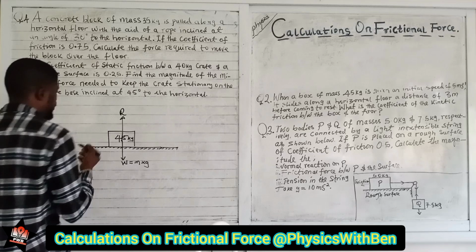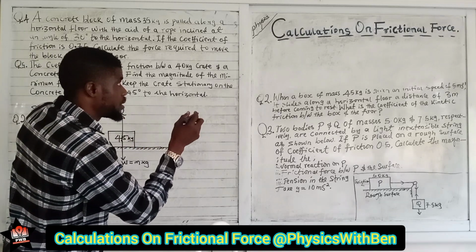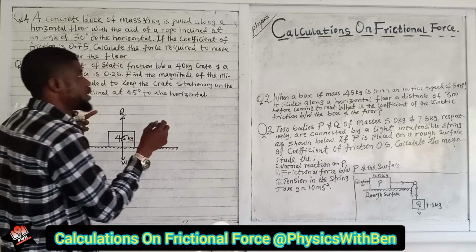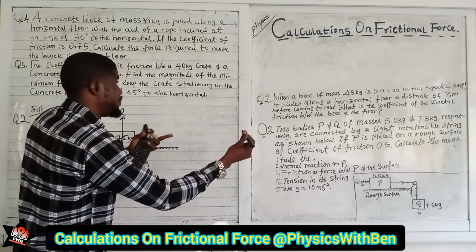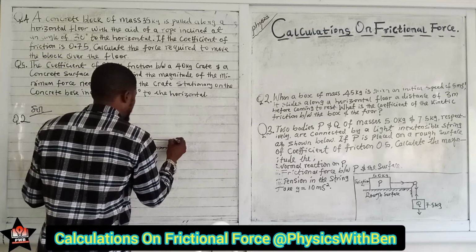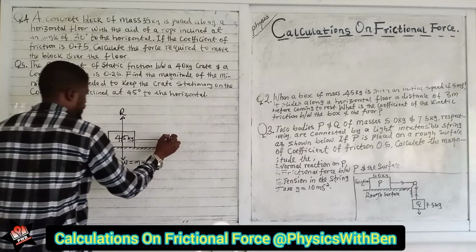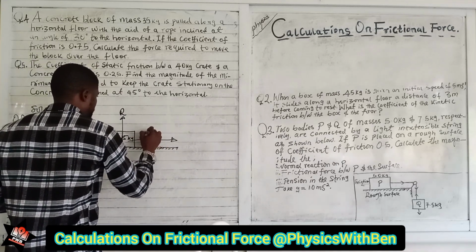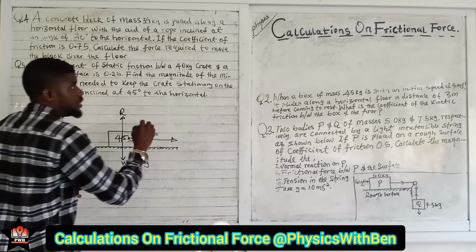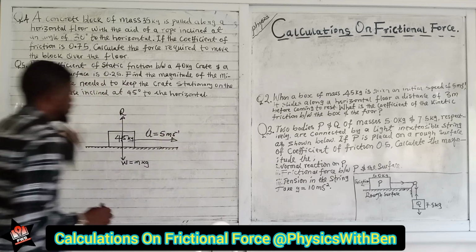And the box, let's read again, slides horizontally, was given a push. It's a velocity, right? Velocity is a vector quantity with both magnitude and direction. So that is for the velocity. And our initial velocity u is given to be 5 meters per second.